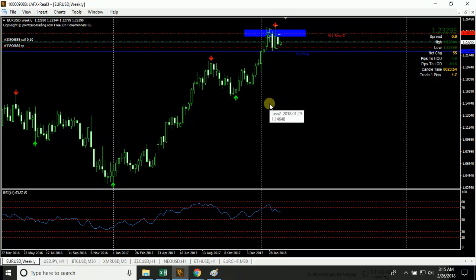Also, you could put divergence. You can put divergence on RSI.